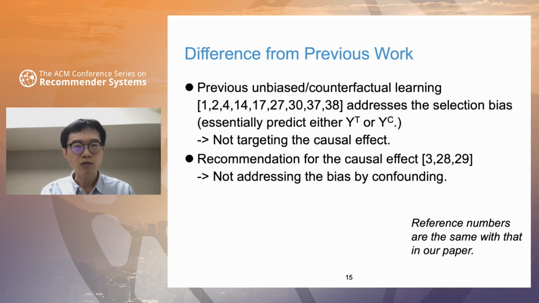In the field of recommender systems and information retrieval, previous unbiased learning addressed the selection bias. They essentially predict either YT or YC and do not target the causal effect. Other related work is recommendation for the causal effect, but they do not address the bias by confounding.